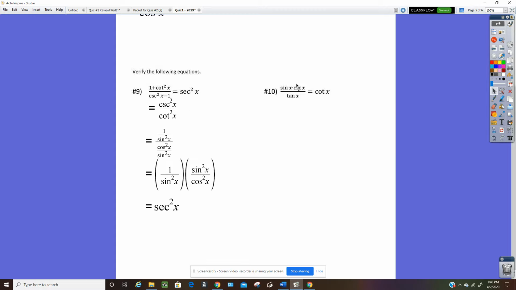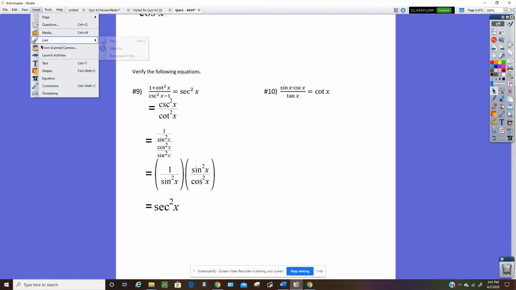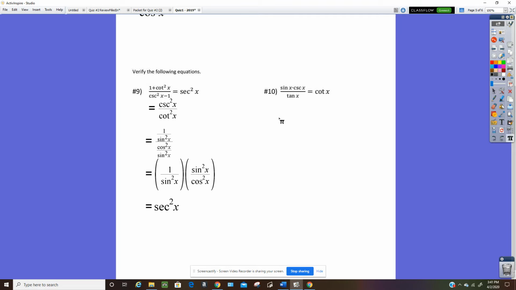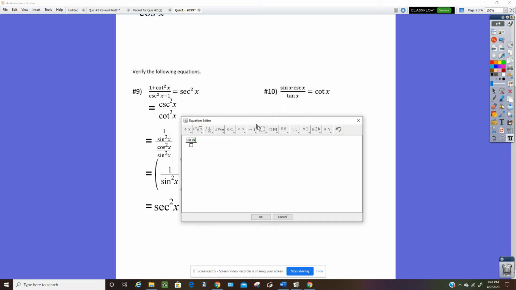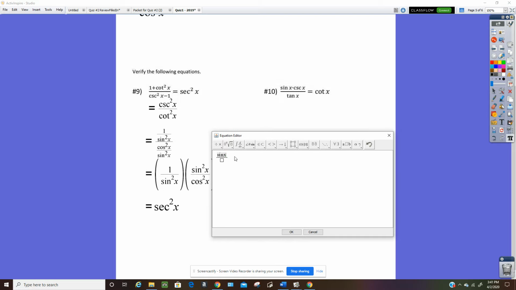And then this last one here, I'm going to work on this side and see if it equals cotangent x. So sine x and cosecant becomes 1 over sine.